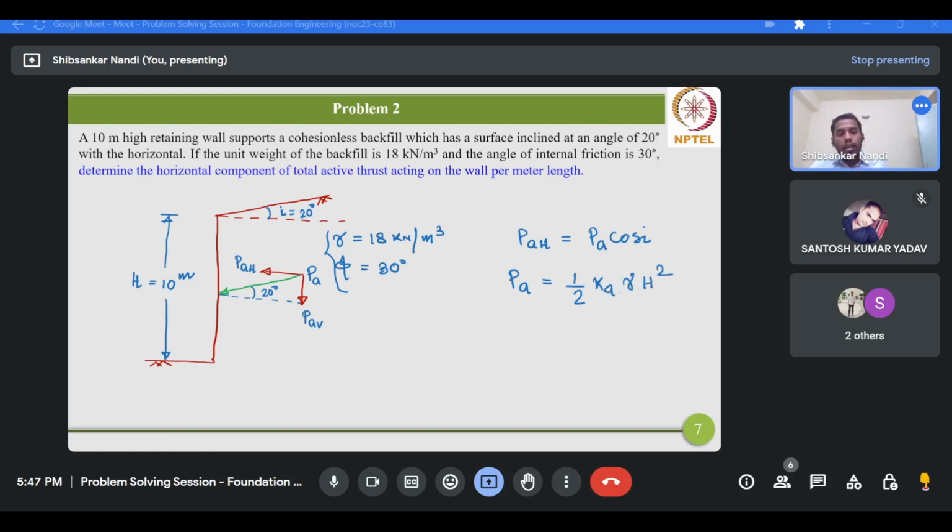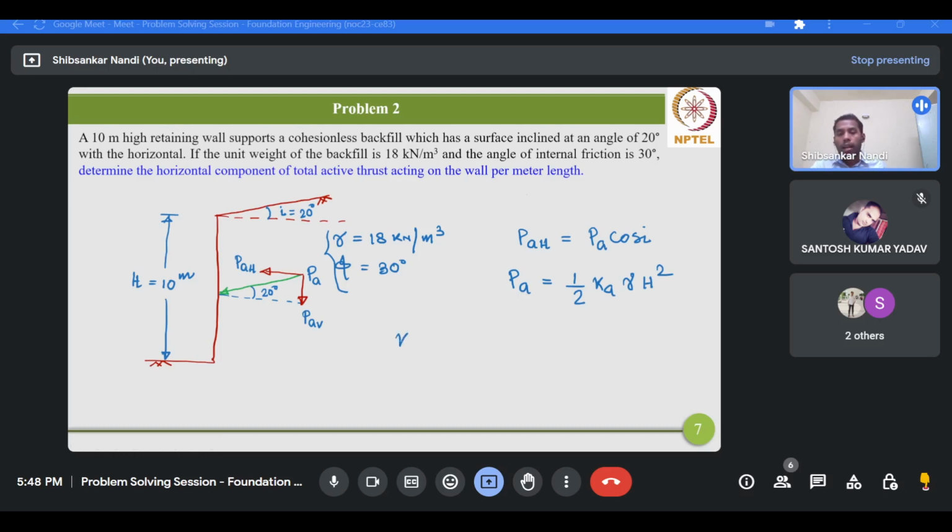Now what is Ka? This is the coefficient of active earth pressure. Gamma, this is the unit weight of backfill material, which is 18 kilonewton per meter cube. And what is H? This is the height of the wall, 10 meter. So therefore you know gamma and H, you can determine the PA, and if you know PA, you can determine the horizontal component of this PA.